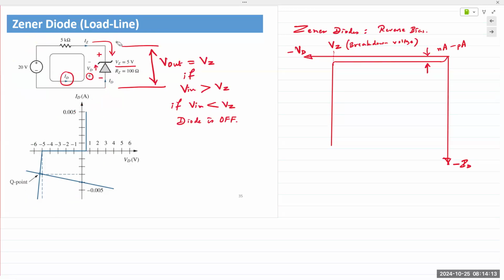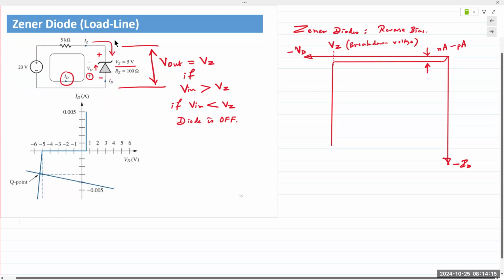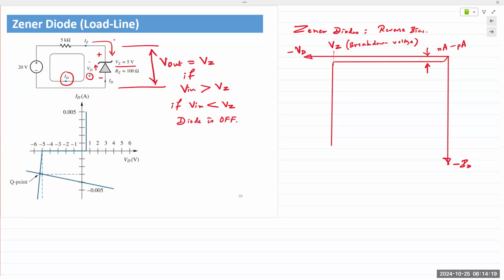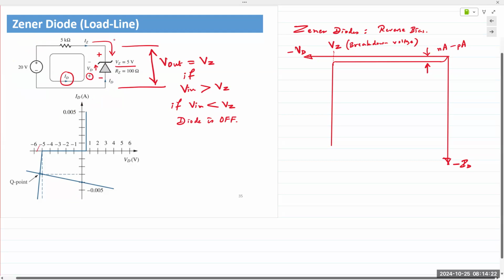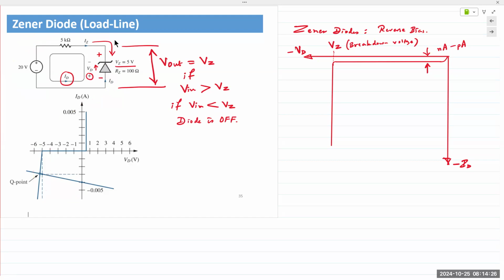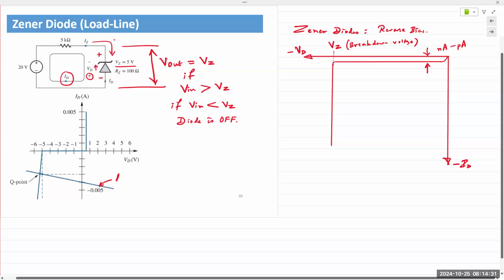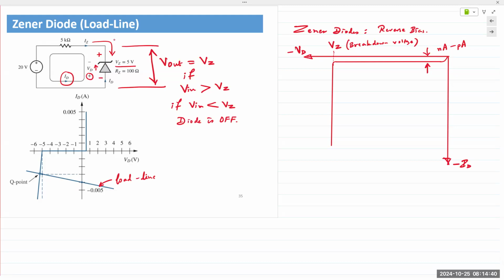The reverse breakdown effect is a little bit exaggerated to display a slope. Typically, it would be a very straight line, but right now it's showing a slope right here. Now, when we write the load line equations and plot it, this is what you're going to obtain. And of course, the intersection of the load line and the diode characteristic gives us the Q point or the operating point for this particular Zener diode.